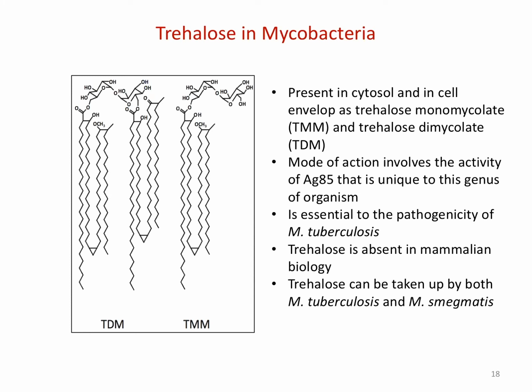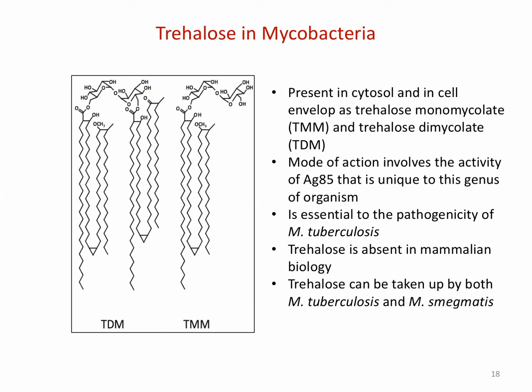It is very specific for mycobacteria, especially in the cell envelope. It is the glycolipid component which makes the membrane very resistant to antibiotics. The mode of action involves antigen 85, which is very unique to this organism, and it is also essential to the pathogenicity of Mycobacterium tuberculosis, which causes TB.